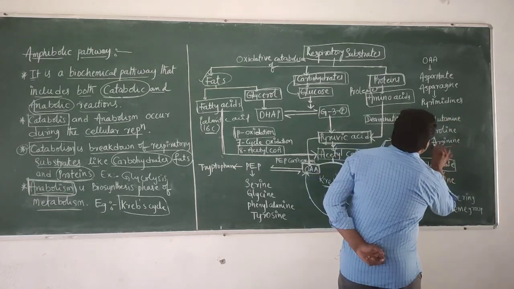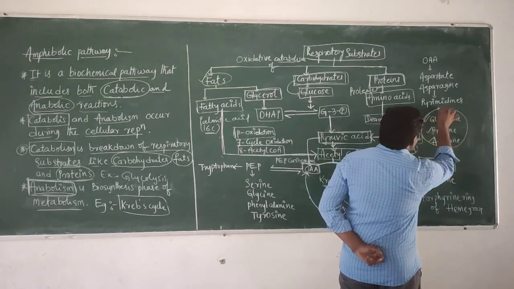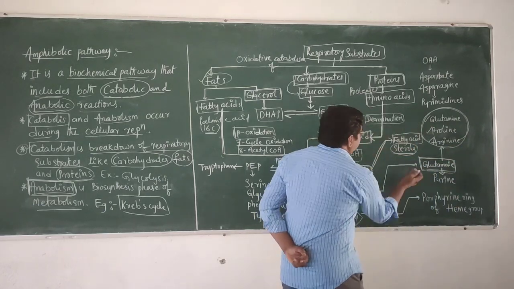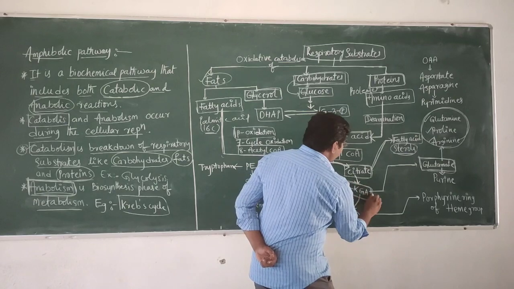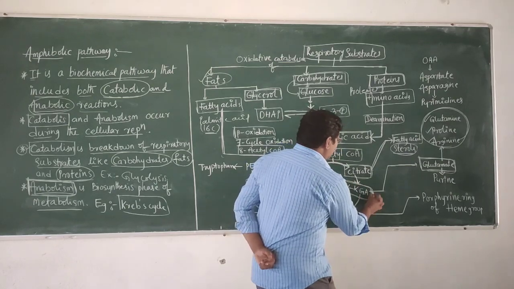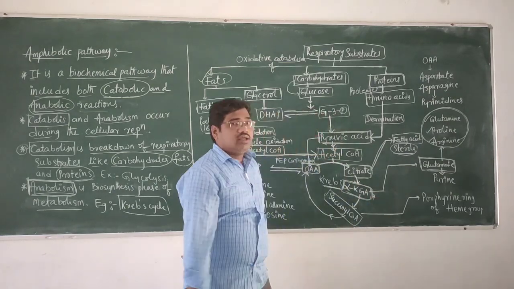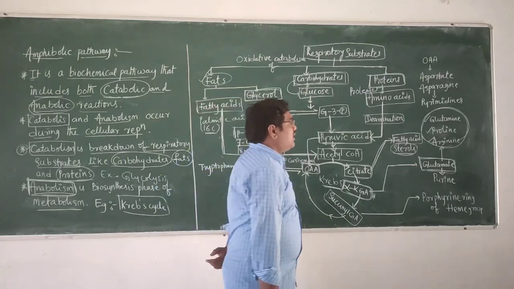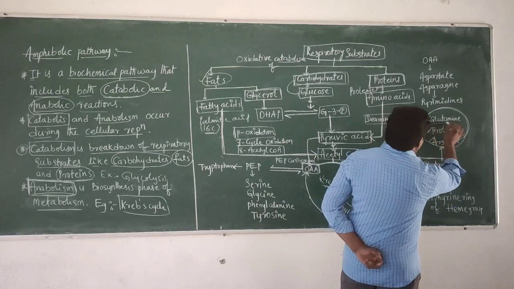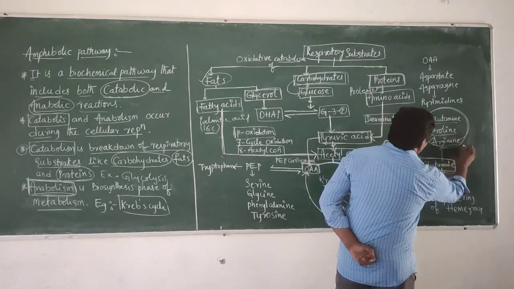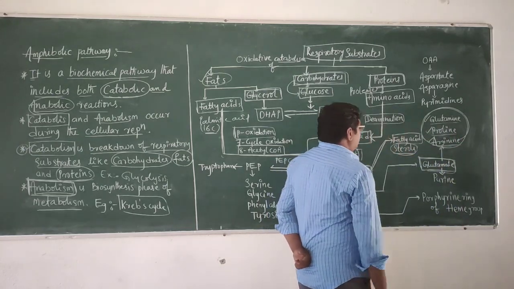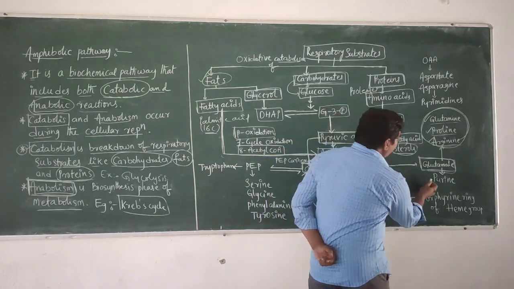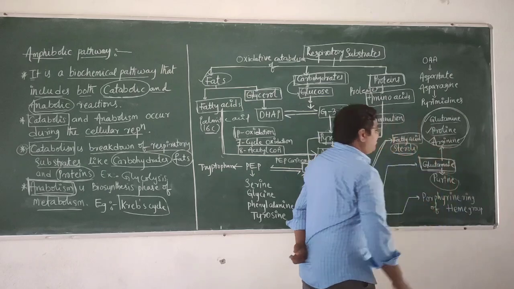So these three amino acids are synthesized from glutamate, and glutamate is synthesized from alpha ketoglutarate.